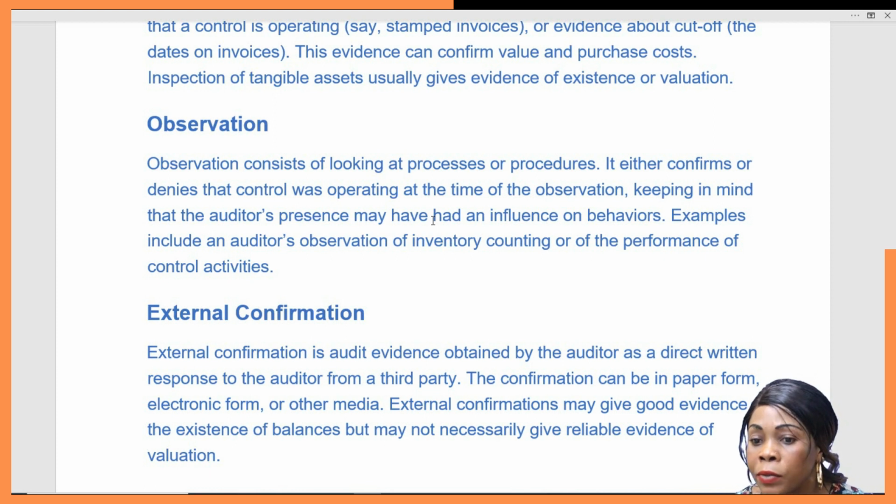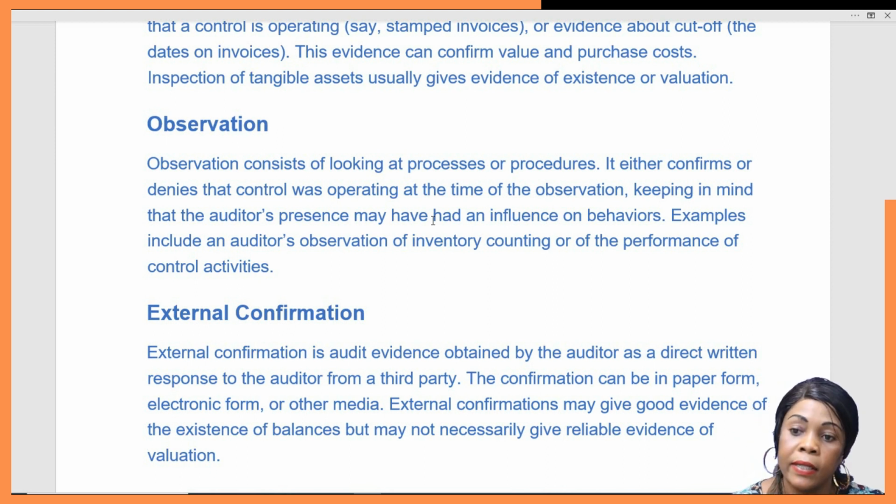Examples of observation include an auditor's observation of inventory counting, where they might take an inventory count and want to confirm whether the amount counted goes hand in hand with the record that has been kept in the system. That's the best example one can give of the performance of control activities.